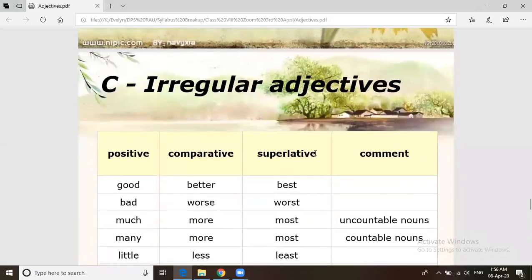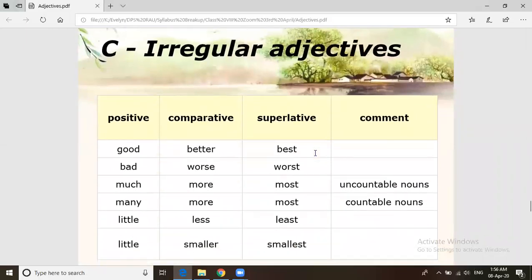Here these are irregular because there is no regular pattern that these words follow, like good, better, best; bad, worse, worst; much, more, most; many, more, most; little, less, least; little, smaller, smallest, or we can also say small, smaller, smallest. Much is used for uncountable nouns, so many is used for countable nouns. The remaining two degrees remain the same.